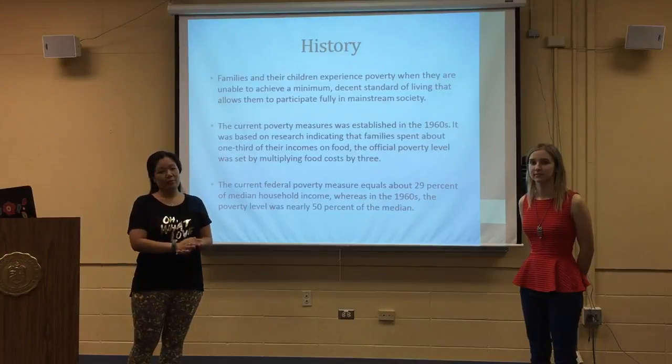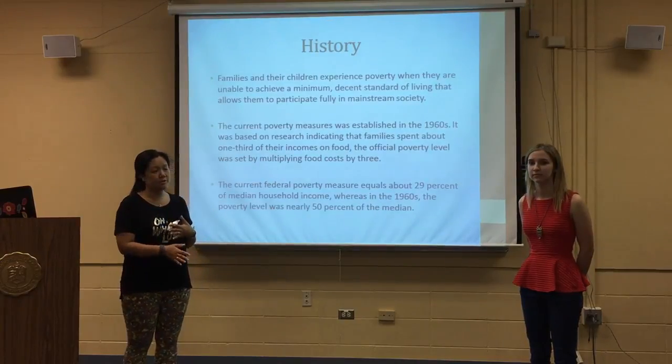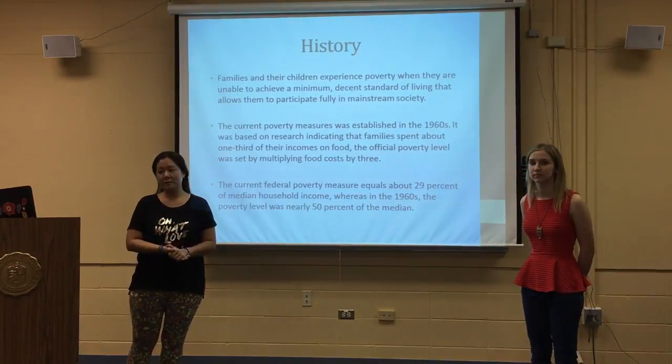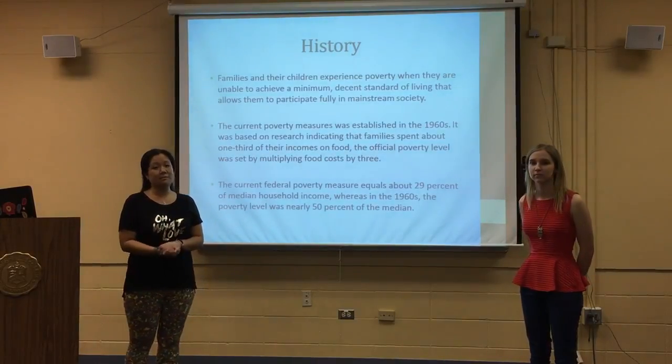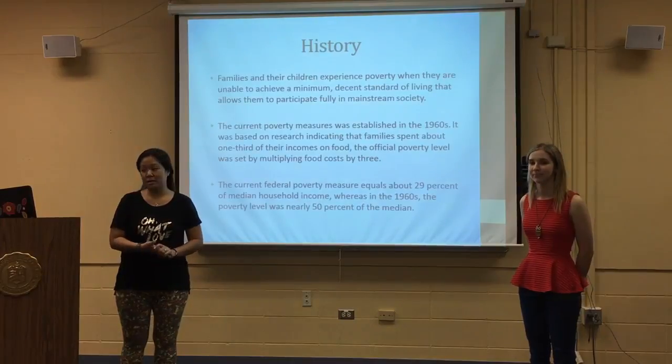The current federal poverty measure equals about 29% of the median household income, whereas in the 1960s it was up to 50% of the median household income.